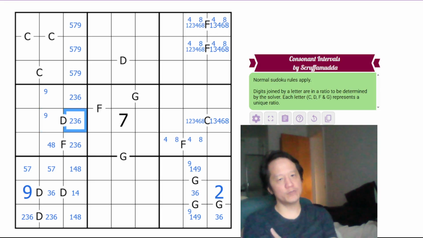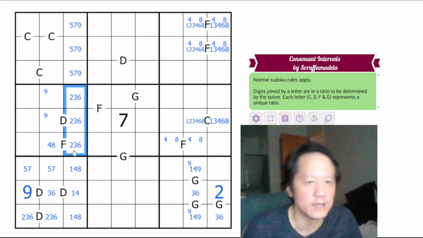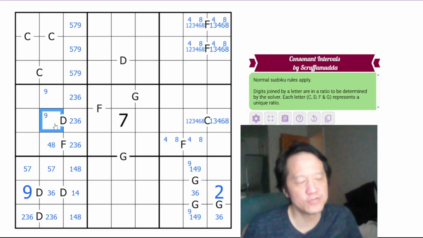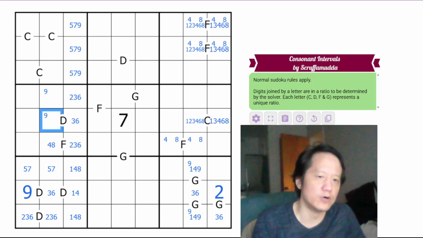So okay, you cannot have 2, 3, or 6 here because of the 2, 3, 6 triplet in the box. So this D is 2 to 3 or it's 1 to 3. If it's 2 to 3, this would be 2 and 3, but this can never be 2. If it's 3 to 1, it could be 1, 3 or 9, 3.